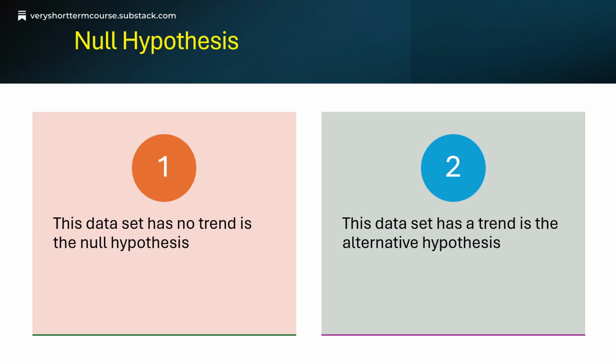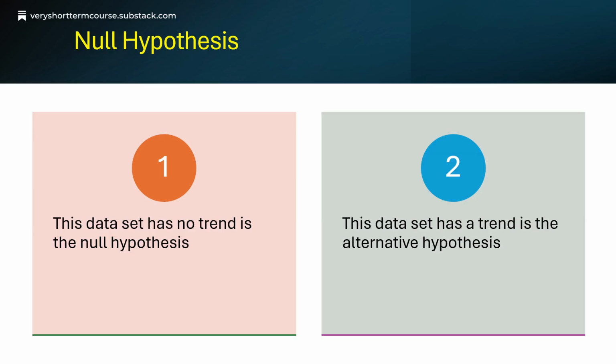And critical tau and critical Z are predefined and available in table-like manner in most statistical textbooks and also on the internet. Later on, I will show both of them to you, but presently this much you must know.